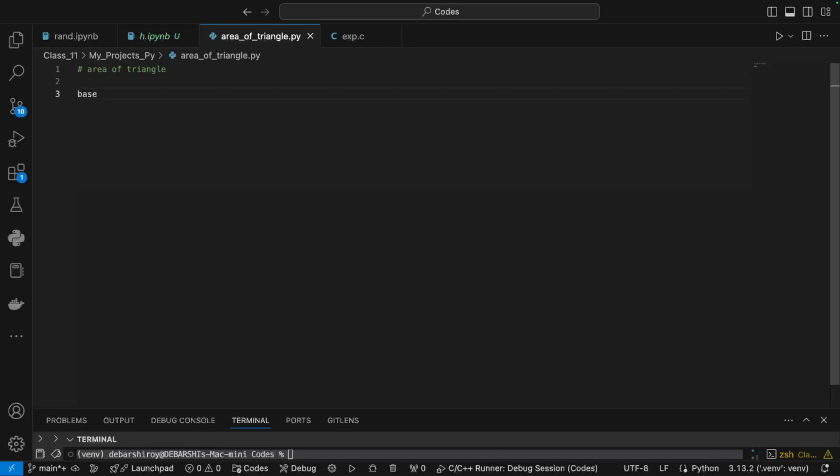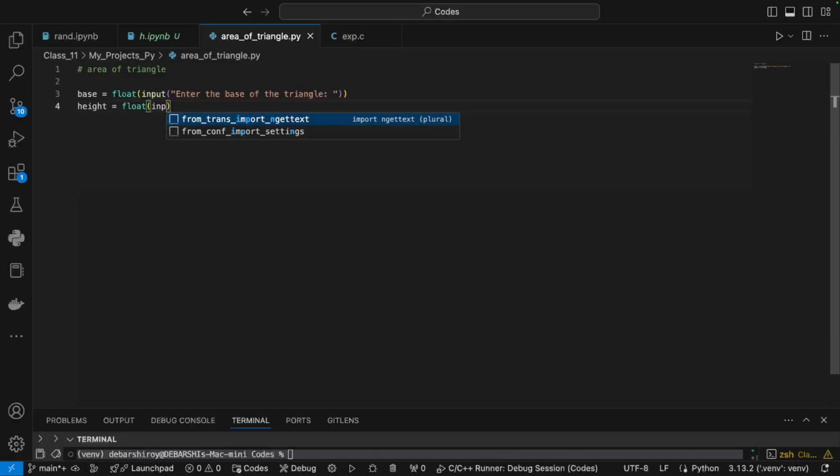I am taking base as input, float of input, enter the base of the triangle, and height, in float, then input, enter the height of the triangle, and the area underscore t.